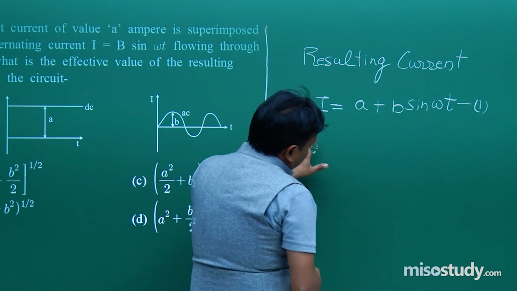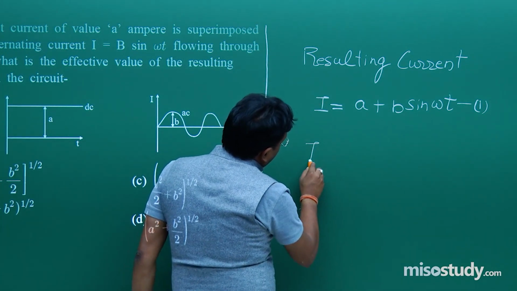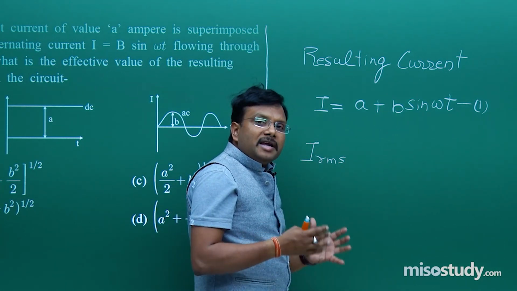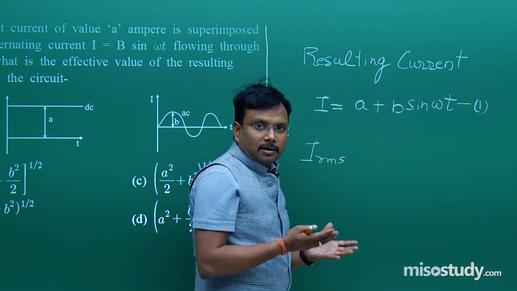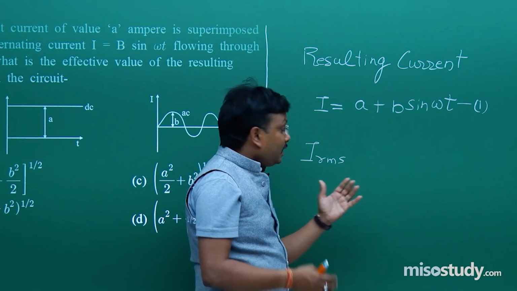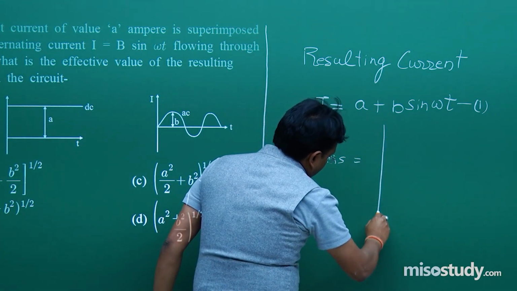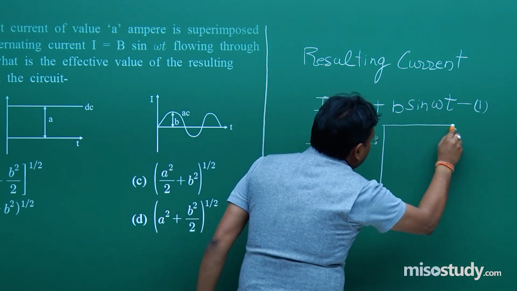Now, after this, IRMS, because the root mean square value is more important rather than the peak value. So, IRMS is equal to big under root.